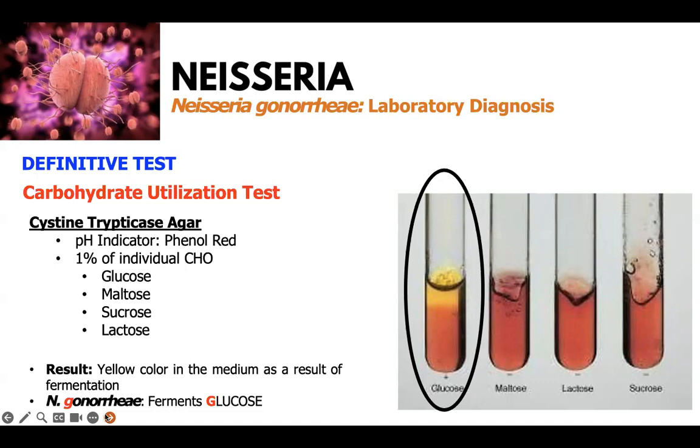Pag pula at naging yellow after incubation, phenol red talaga yun na reaction. The sugars usually incorporated in this type of culture media are glucose, maltose, sucrose, and lactose. Now, Neisseria gonorrhoeae is only able to utilize glucose. Madali lang i-memorize dahil gonorrhea, G, at glucose, G rin naman. So si NG, G lang yung sugar na ma-utilize.